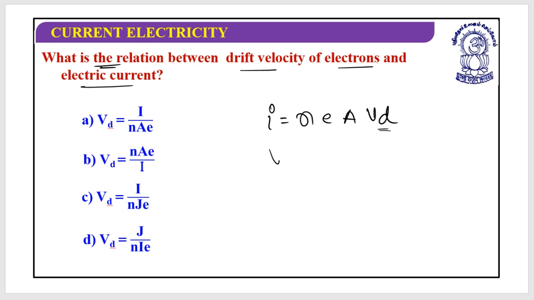So I know that VD equals I divided by N into E into A. That's it. This is the correct answer. Yes. What was your answer? Is it the same? Great. So let's have a look at certain other questions too.